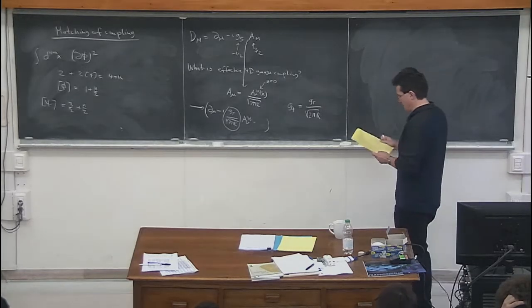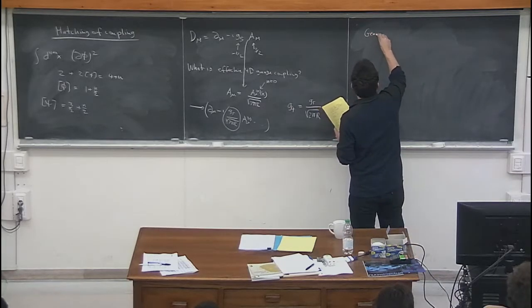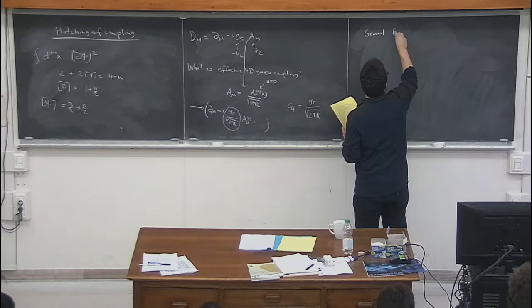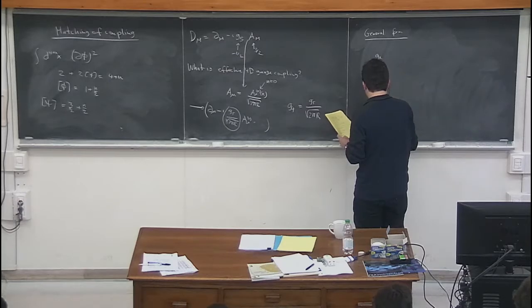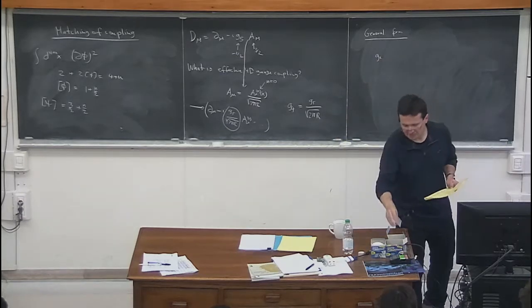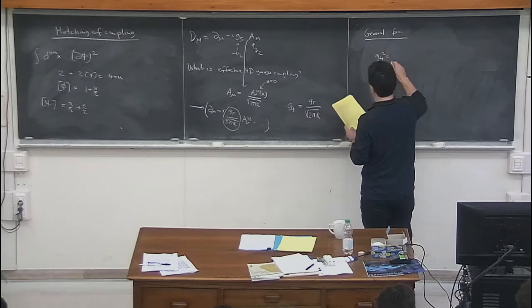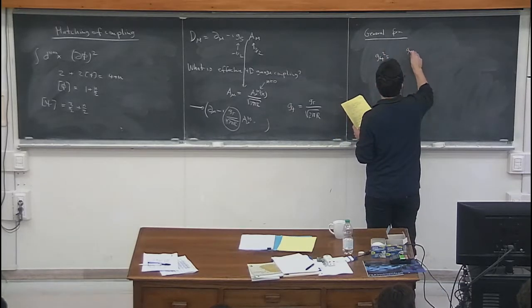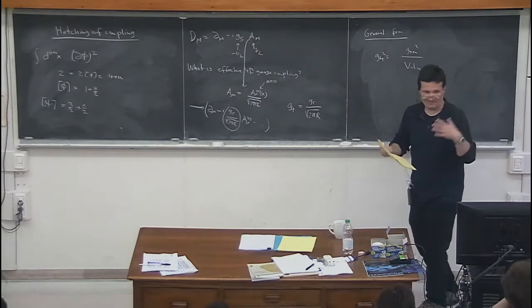The general form of this matching is g4 squared equals g(4+n) squared divided by the volume of the extra dimensions.